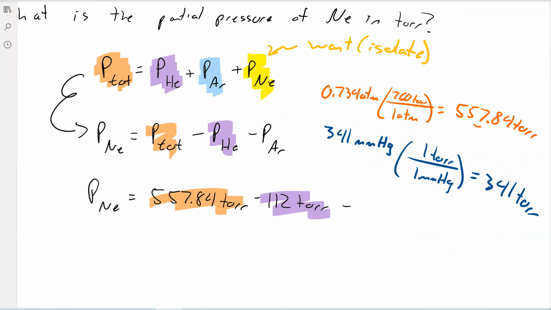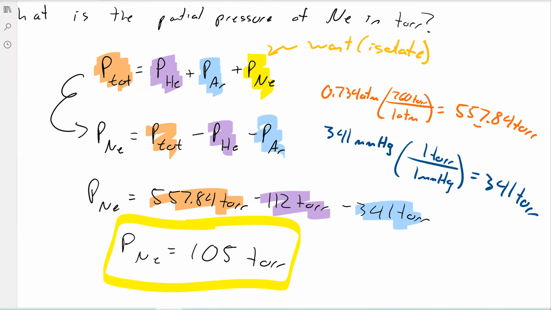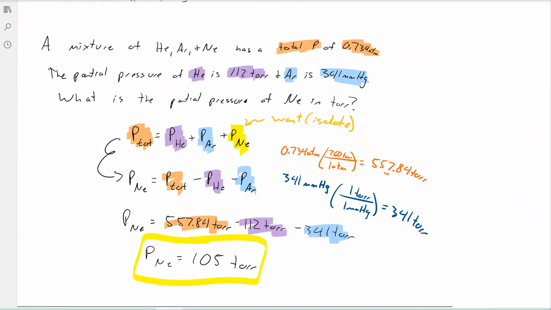And then finally, minus the amount of argon, which is going to be 341 torr. Now just chug through, do the math. You get 105 torr as your partial pressure of the neon. So again, not too difficult of a problem.